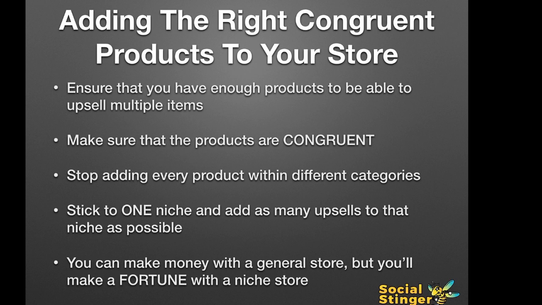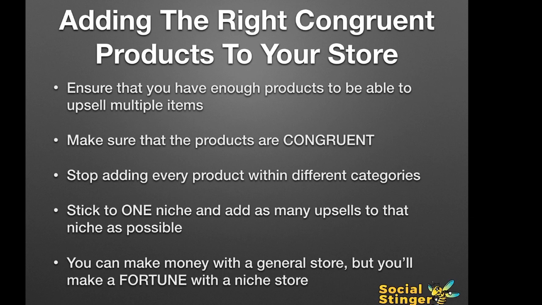Reason being is because when it's congruent, like I mentioned before, you're going to be able to increase what's called your average order value. Okay, you want to also ensure that you have enough products to be able to upsell multiple items. Sometimes I'll go into these Shopify stores and I'll find people only selling like 5 items. Okay, do you think you're going to be successful by just selling 5 items on your store?